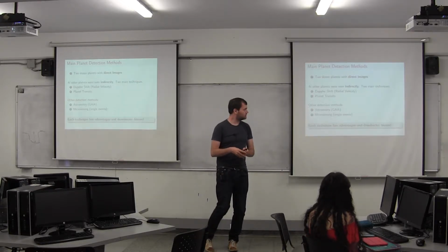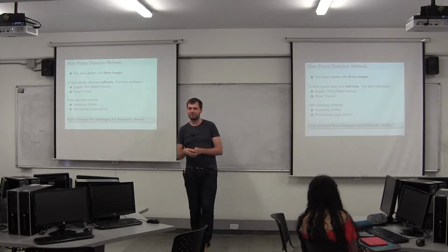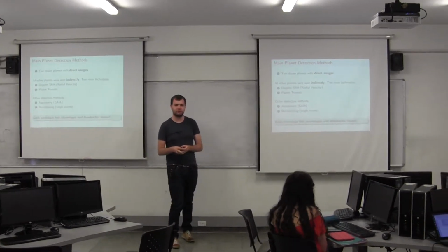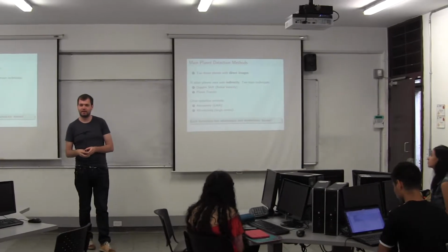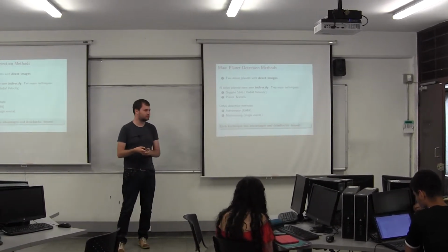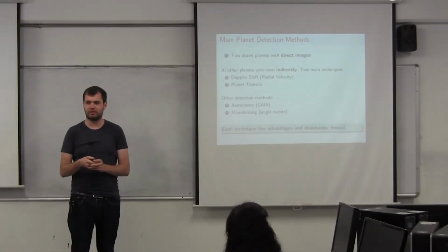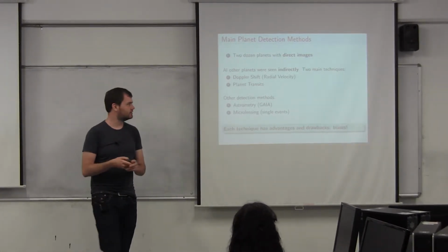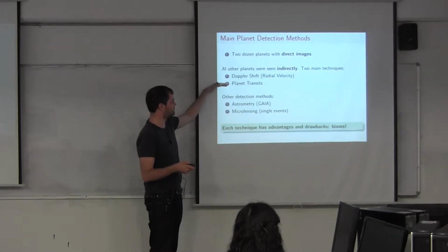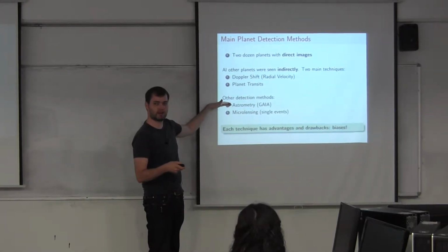So, different methods, I guess we all know by now. The only direct one is direct imaging, which has a few dozen planets. And then everything else is indirect, so everything else is measuring the star rather than the planet, typically measuring either movement of the star, brightness of the star, in this case also movement of the star in the sky.